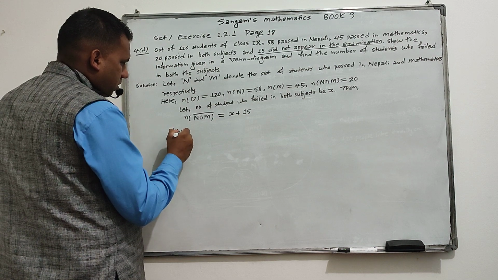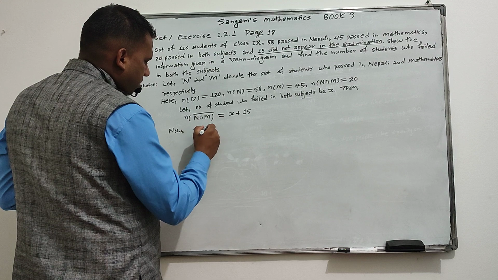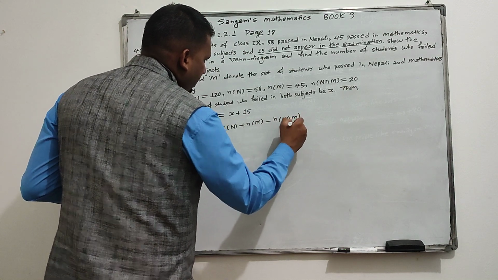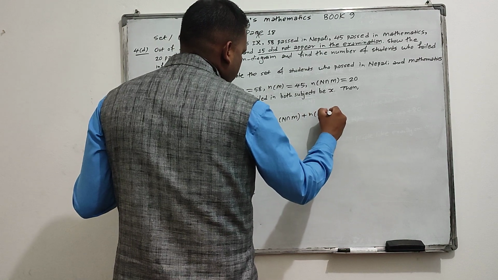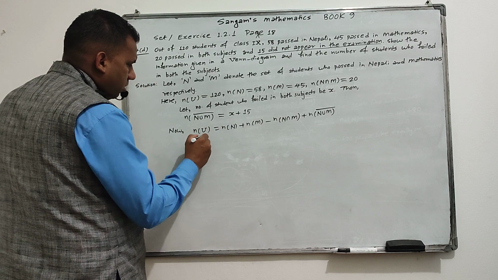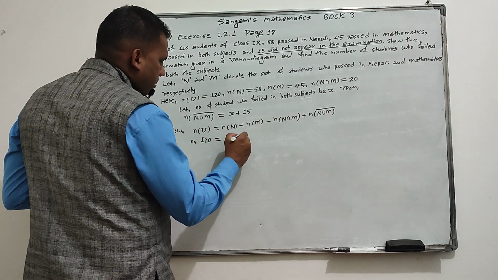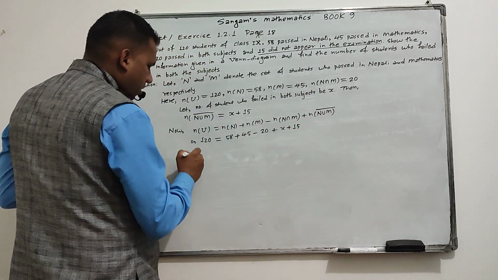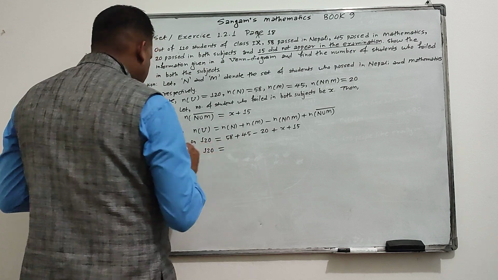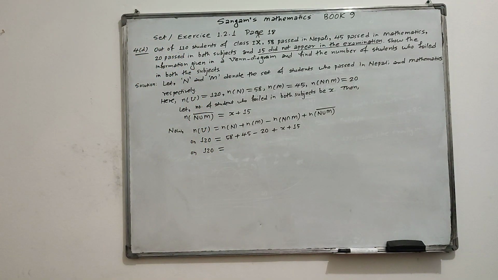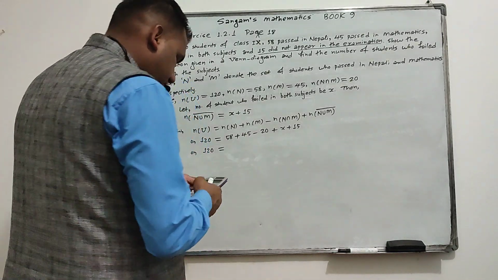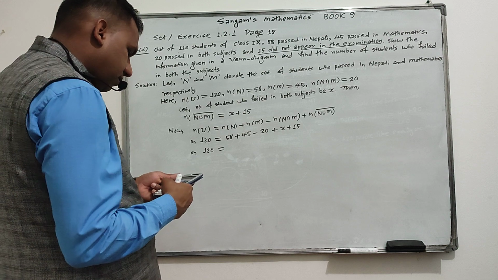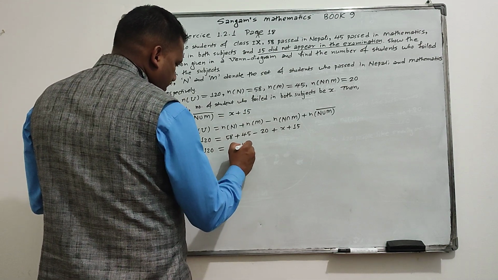Now using formula, n(U) equal to n(N) plus n(M) minus n(N intersection M) plus n((N union M) whole complement), or 120 equal to 58 plus 45 minus 20 plus x plus 15, or 120 equal to, let us calculate this, 98 plus x.